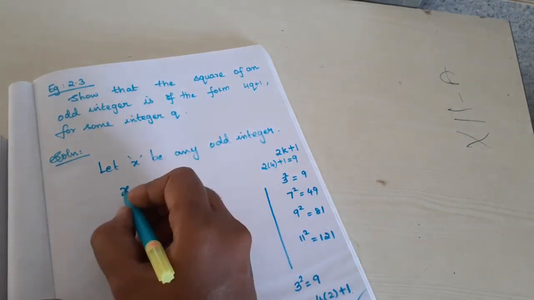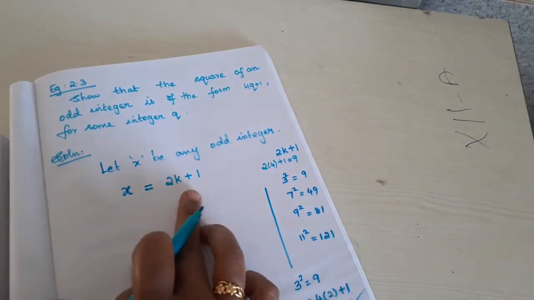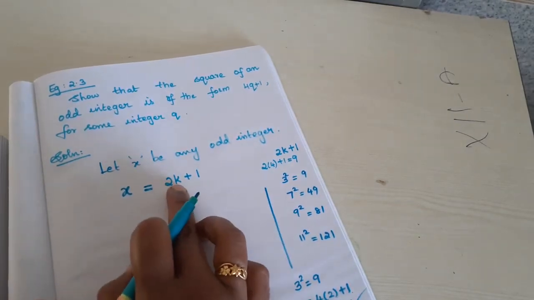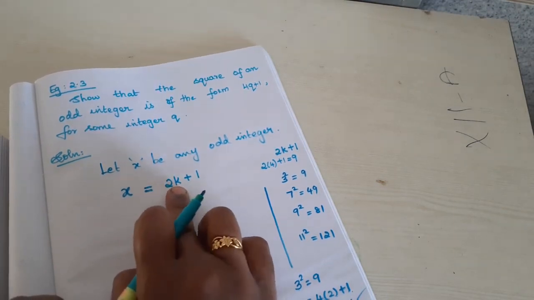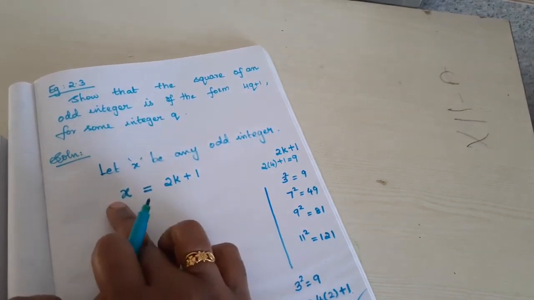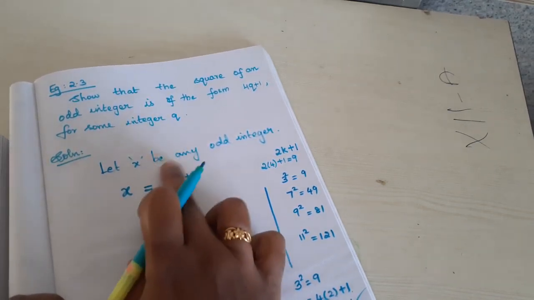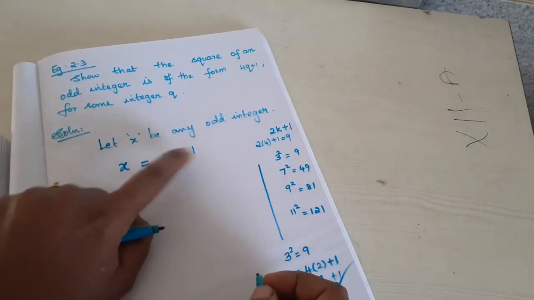The format I am taking is x equal to 2k plus 1. Why I am taking it like this: 2k is always an even number because multiples of 2 are always even. If we add one to that, it changes into an odd integer. If you put k equal to 4, what number do we get? 2 fours are 8, 8 plus 1, 9.